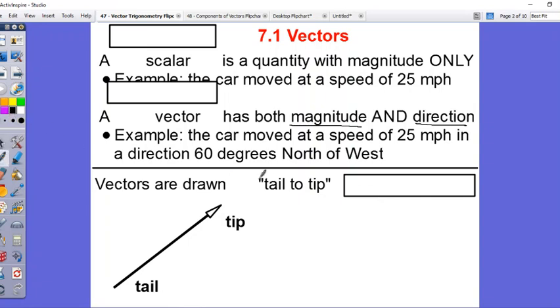So they're drawn tail to tip, and vectors also have components.